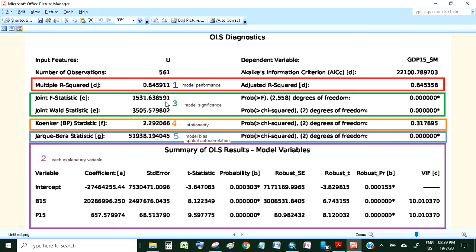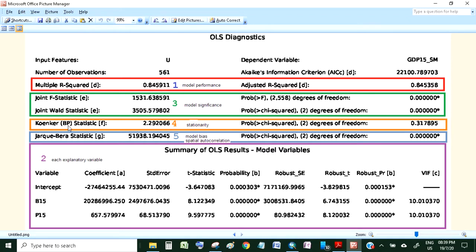Both the joint F statistic and joint Wald statistic are measures of overall model statistical significance. The joint F statistic is trustworthy only when the Koenker statistic is not statistically significant. Okay, then it is important.